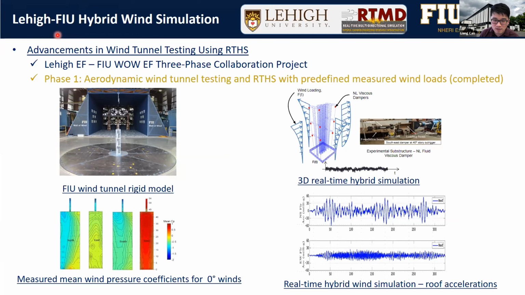We used this as a comparison between the aerodynamic model and the rigid model. So what we did is a 3D real-time hybrid simulation using this predefined wind load. And Amal can go next.